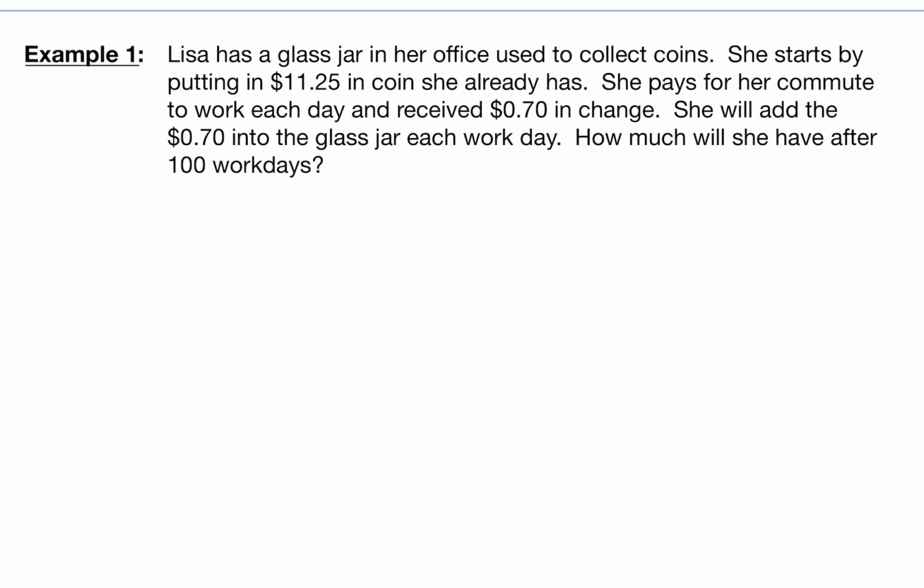Well, we would start with the following formula, which is the arithmetic sequence. A sub n is a sub 1 plus n minus 1 d. Okay? So we're looking for a sub n. We know a sub 1, according to this problem, is $11.25.